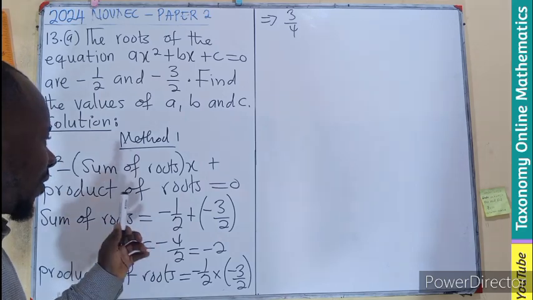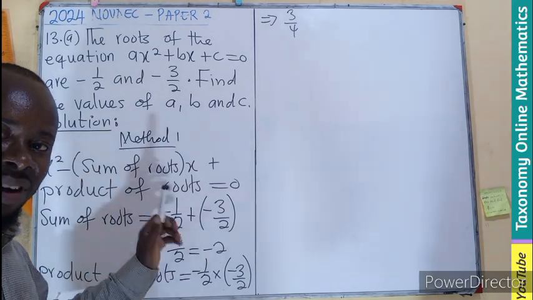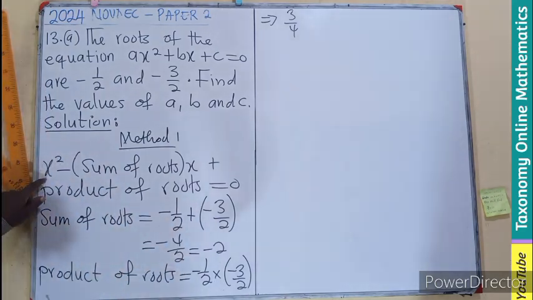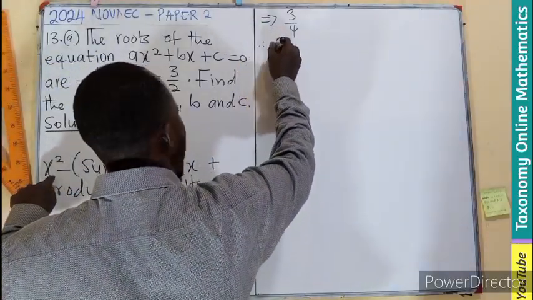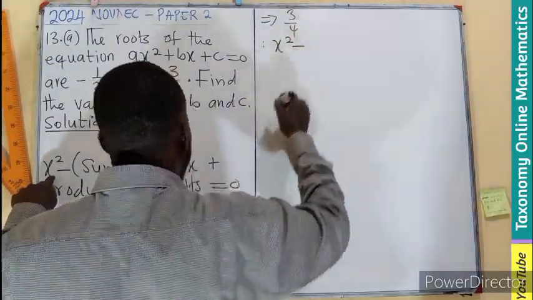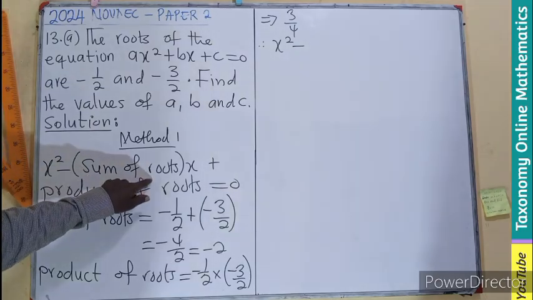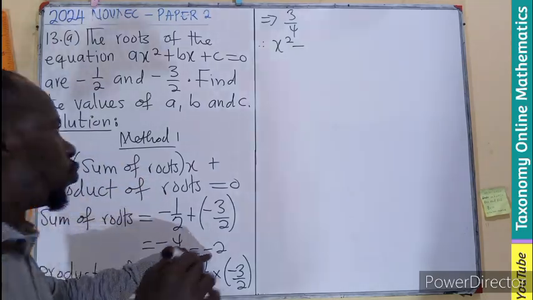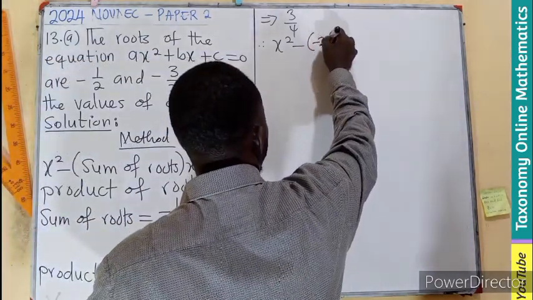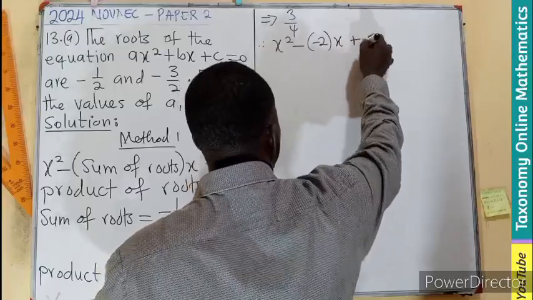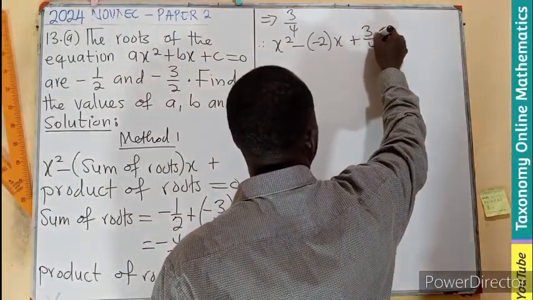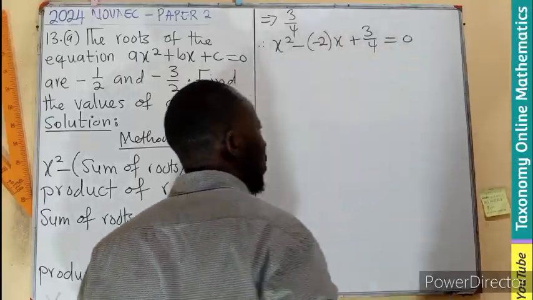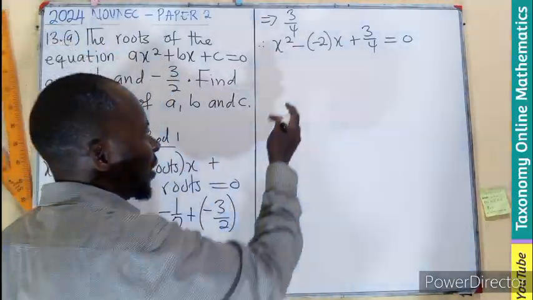Good. Now that we have the product and the sum, we only do substitution. Therefore, I can have x squared minus the sum of roots, which is negative 2, so negative 2 times x, plus the product of roots, which is 3 on 4, equals 0.